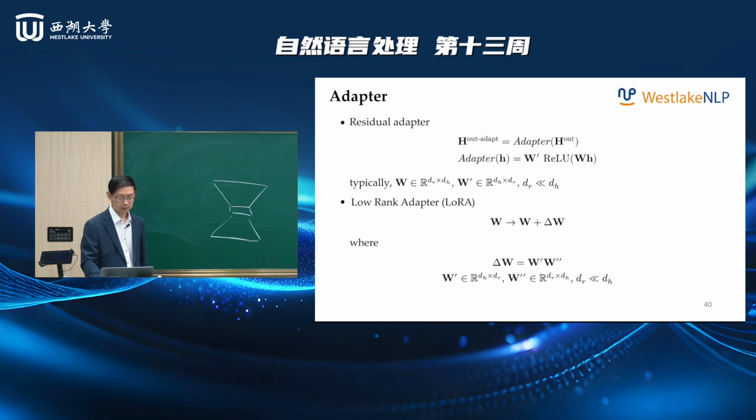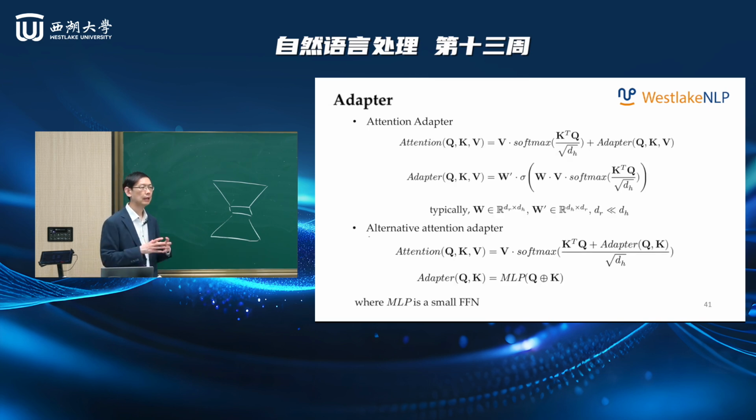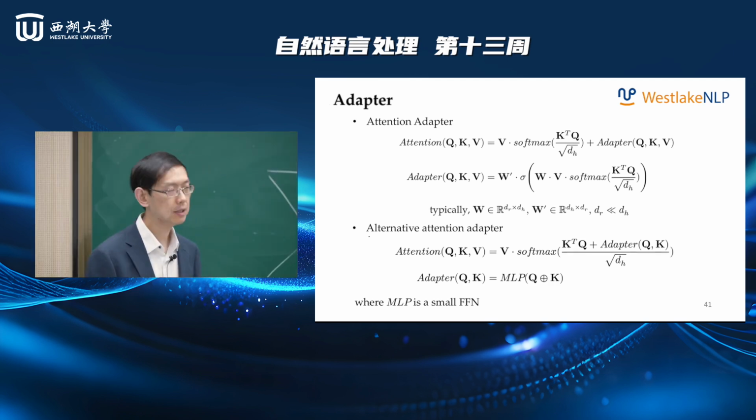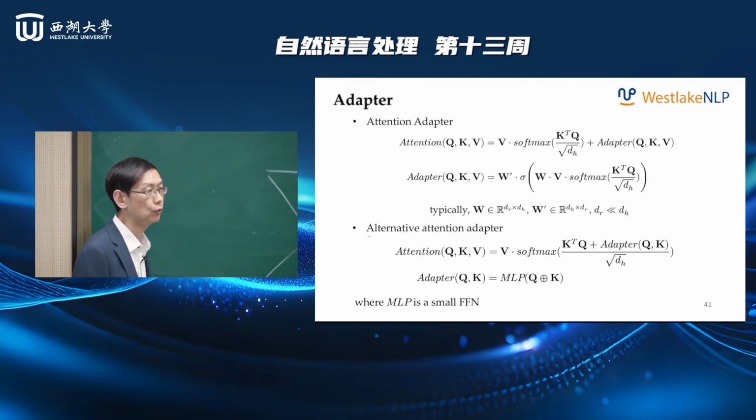So this is the second way to add adapter. But you can also add adapters to the attention layer. Both the residual adapter and the low-rank adapter are added to sublayers or matrices. You can change the attention function structure also, and you can change it in multiple ways. Here I show you two ways.